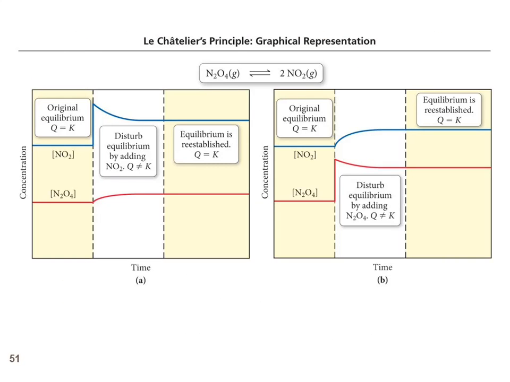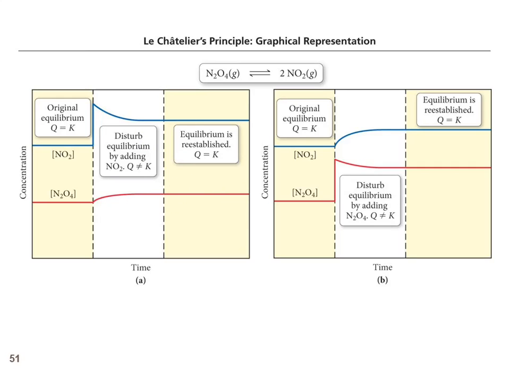Here's graphs. I'm just throwing all these out here because hopefully one of them will just like, yeah, that made a lot of sense. So here we have our equilibrium concentrations, and we're adding some NO2. So this one goes up, and as this reacts then, the N2O4 increases, and they're gradually going to reestablish a new equilibrium.